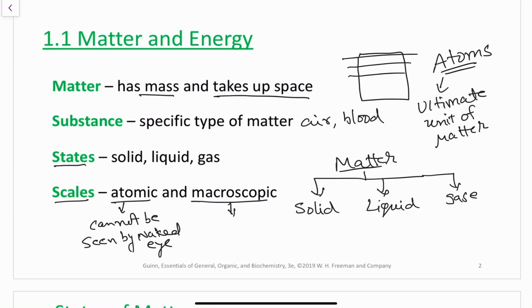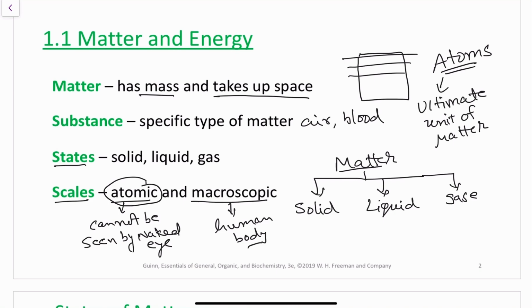This includes maybe a human body. You can see a human body, so this is a macroscopic scale of matter. And if we have some diseases in our human body, that may be because of some malfunction or deficiency at the atomic level.